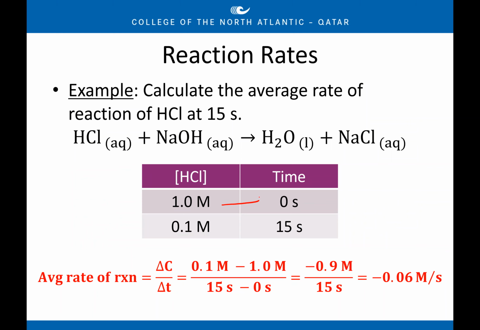After 15 seconds, the concentration of the acid has reduced to 0.1 mole per liter. Again, guys, remember that this M here means mole per liter. This is concentration. So easy. Average rate of reaction is my change in concentration over my change in time.